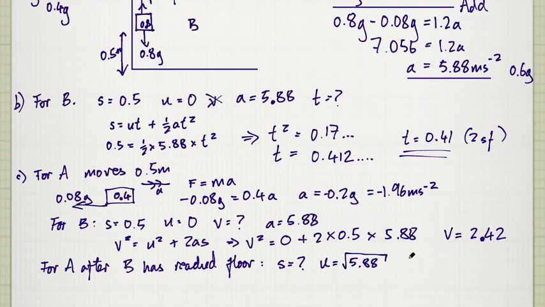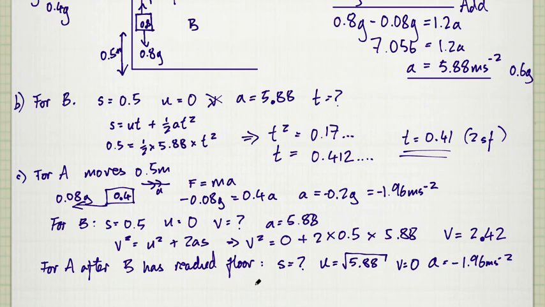We've got a final velocity that we don't know about and don't need to know. The acceleration is minus 1.96 meters per second squared. Actually, we do need V, because we want to know when it comes to rest. I was going to say we need T, but we don't. We know that the whole thing is going to come to rest, so we need V equals 0 here.